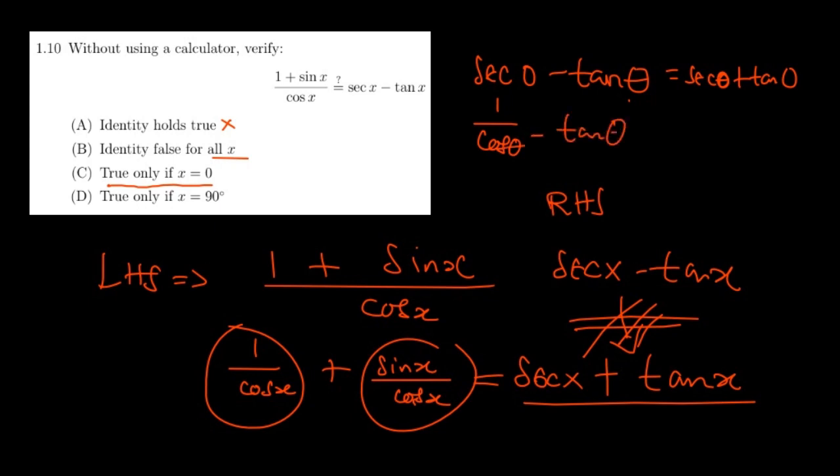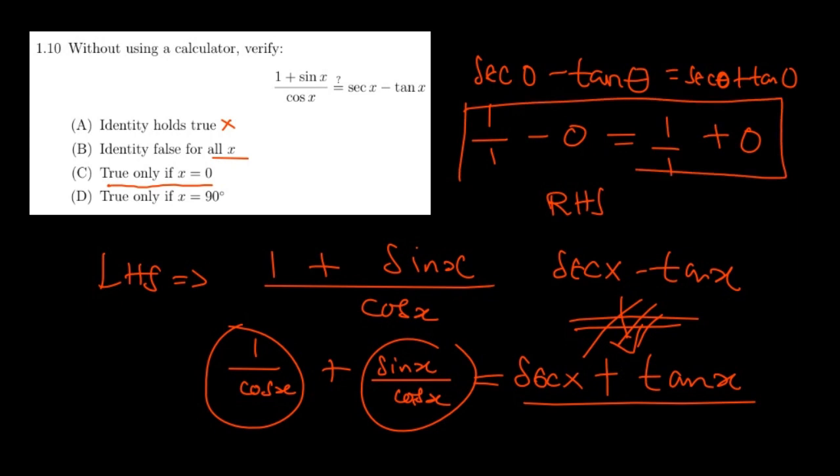Cos 0 is actually 1. So this will be 1 over 1 minus 0, which is 1 over 1, and then plus tan 0 is 0. So this identity here is actually only true when x is equal to 0.